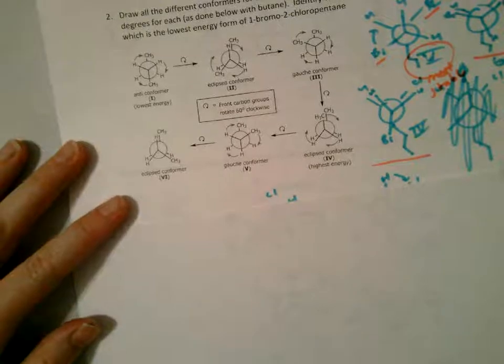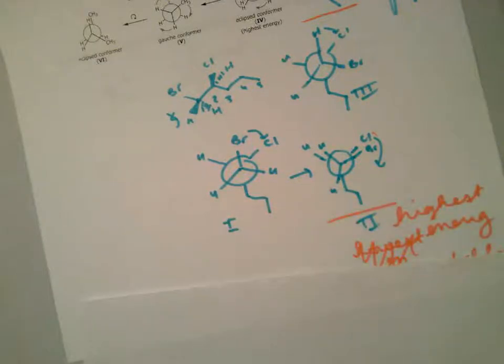And then we would go all the way back to get to 5 again. So 5 is the most stable. And then 2 is the highest energy right here. So 5 is the most stable, 2 is the highest energy.